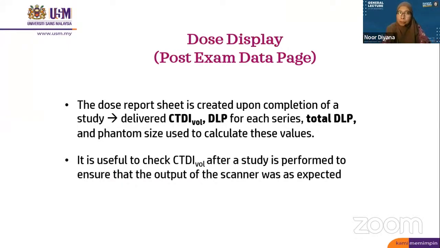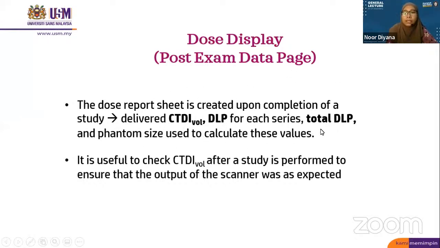After we scan a patient, the CT scanner will produce a dose display sheet, known as the post-exam data page. The dose report sheet is created upon completion of a study. It will give you the delivered CTDI volume and DLP for each series, the total DLP, and the phantom size used to calculate these values.